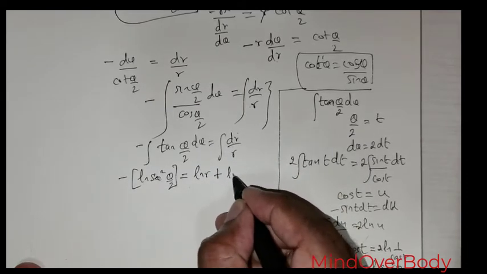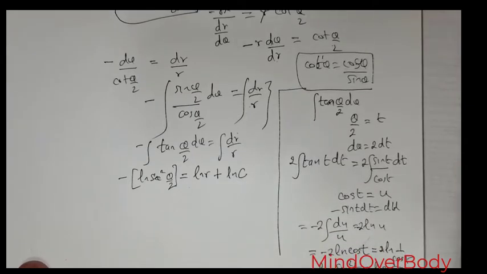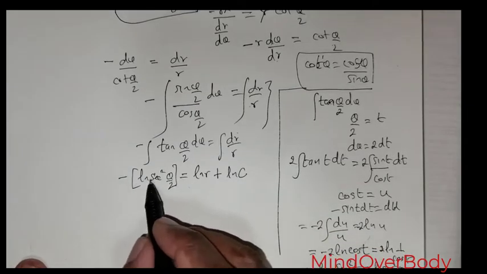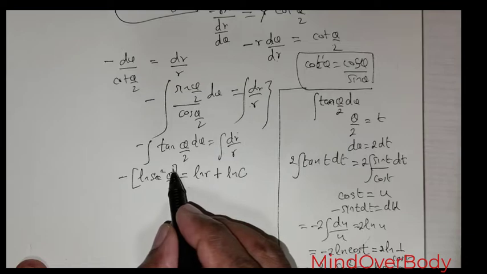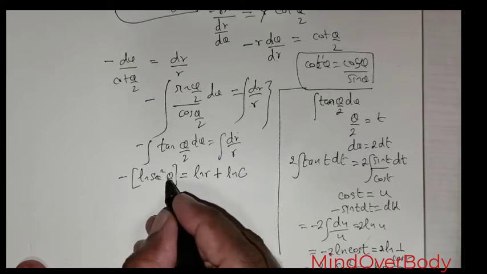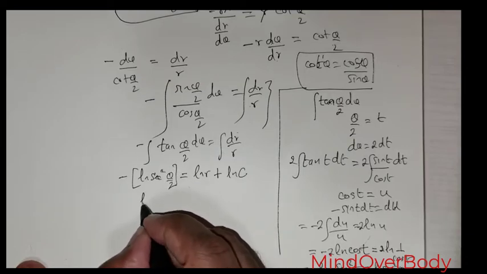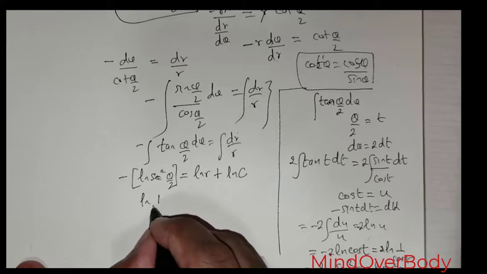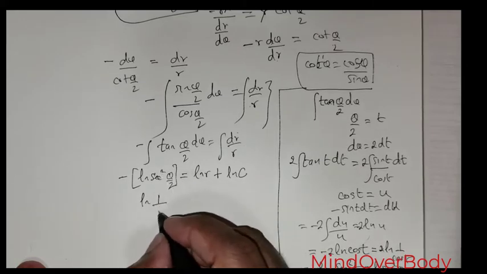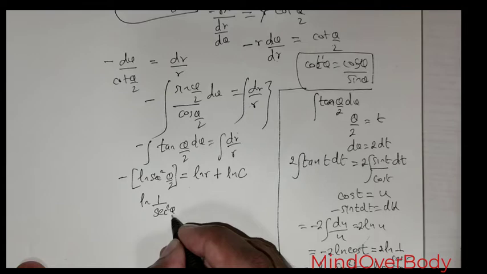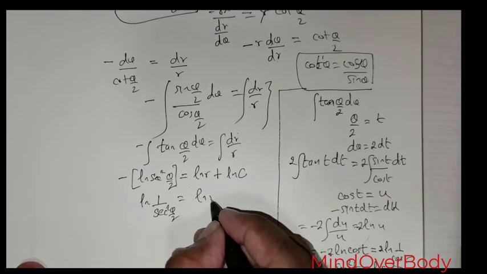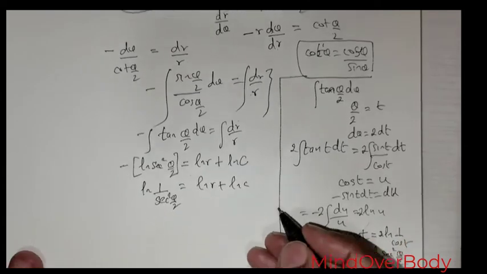I can just place a constant as ln c. Now I can actually push this negative sign to the secant squared and write that as ln of 1 over secant squared theta over 2, which is equal to ln r plus ln c.